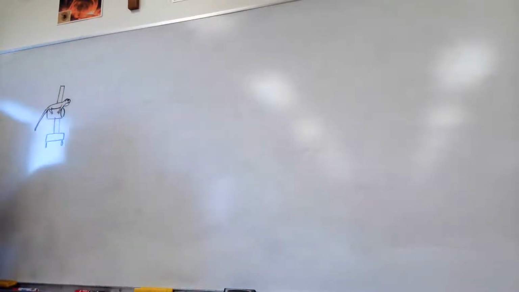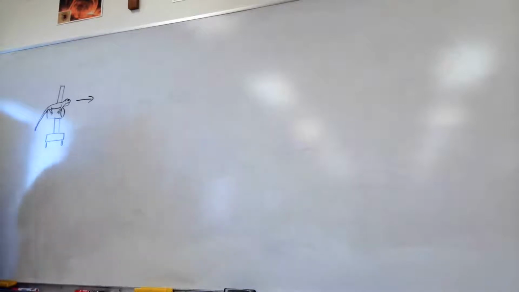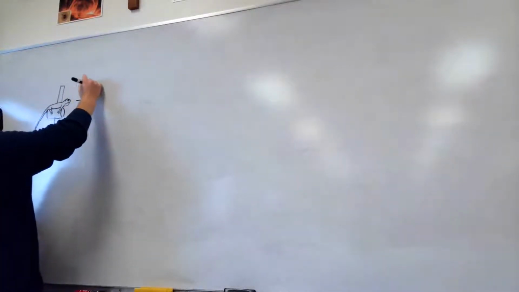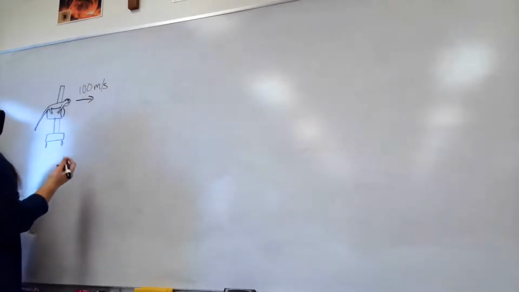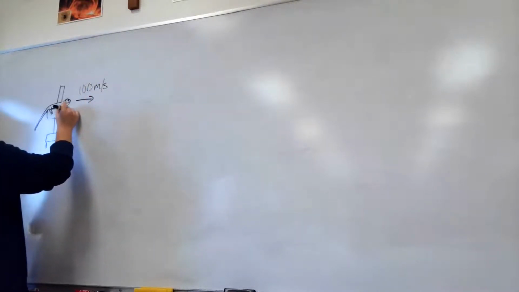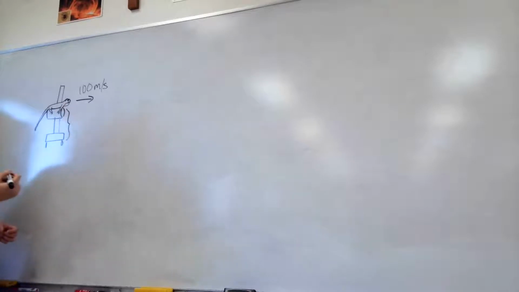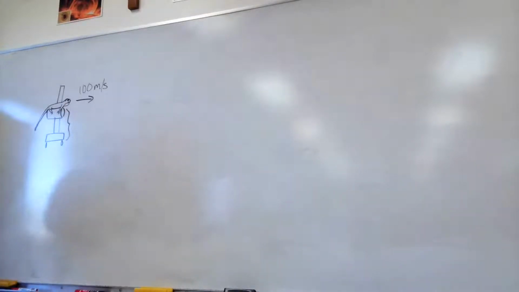All right, so we've got Spark on the thing. Let's say that he jumps off of the cat tower with a forward velocity of 100 meters per second. How tall do you think that cat thing is? 10 meters. I don't think it's that tall, but we can go with 10 meters.